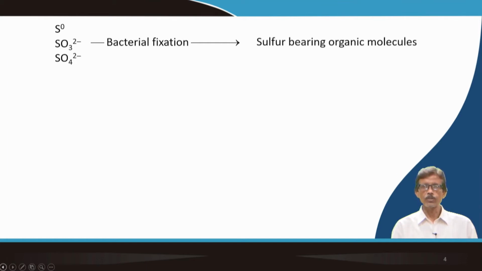Like the nitrogen cycle, the oxygen cycle or the hydrogen cycle, sulfur therefore has a cycle which starts from S0 and ends again with S0, giving many important species like sulfite and sulfate. So, you can have sulfur bearing organic molecules.